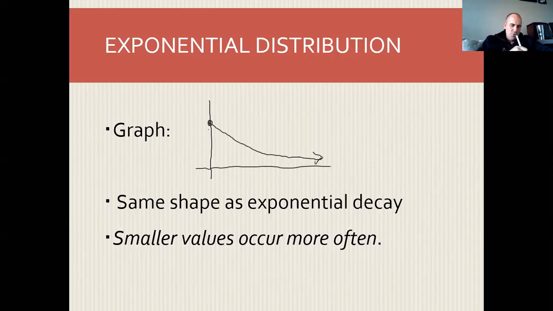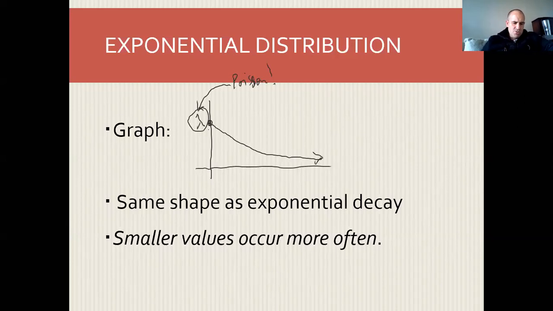And this point right here, where the decay starts, is called lambda. This lambda ought to remind you of the Poisson distribution, which we talked about before. This lambda is the same as the lambda from a Poisson process.